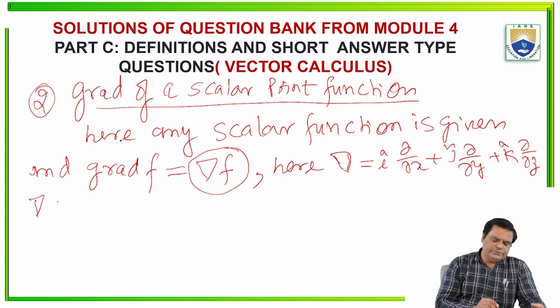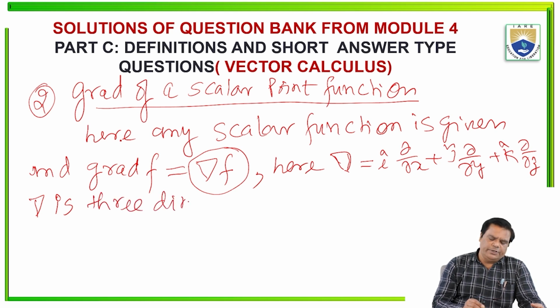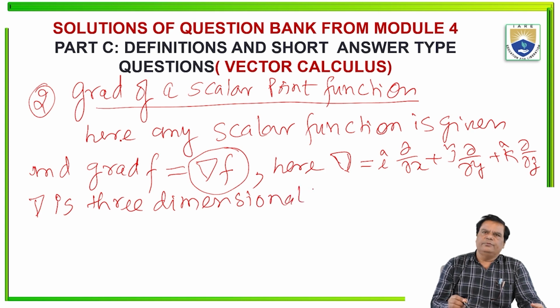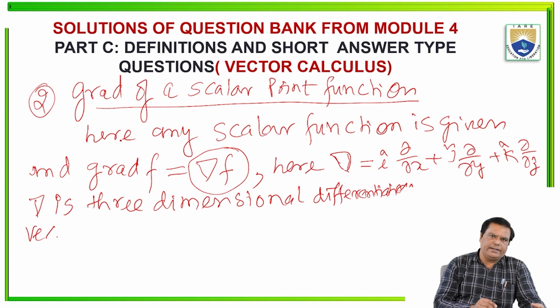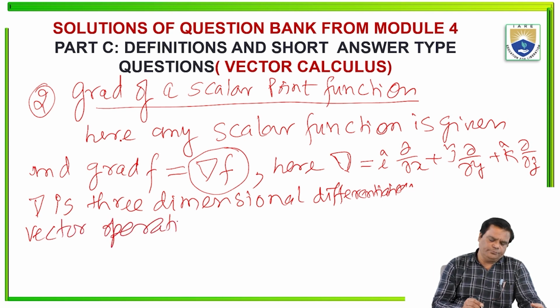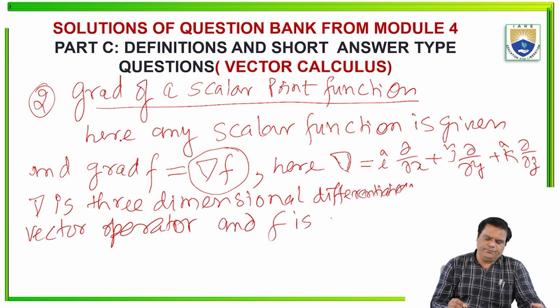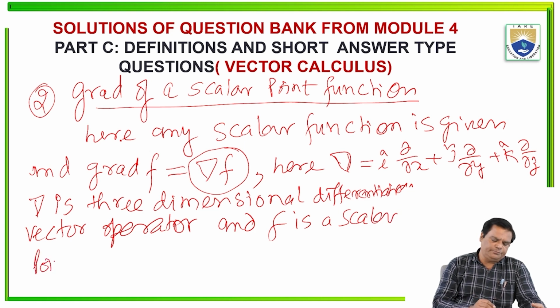Del is a three-dimensional differentiation vector operator, and f is a scalar point function.